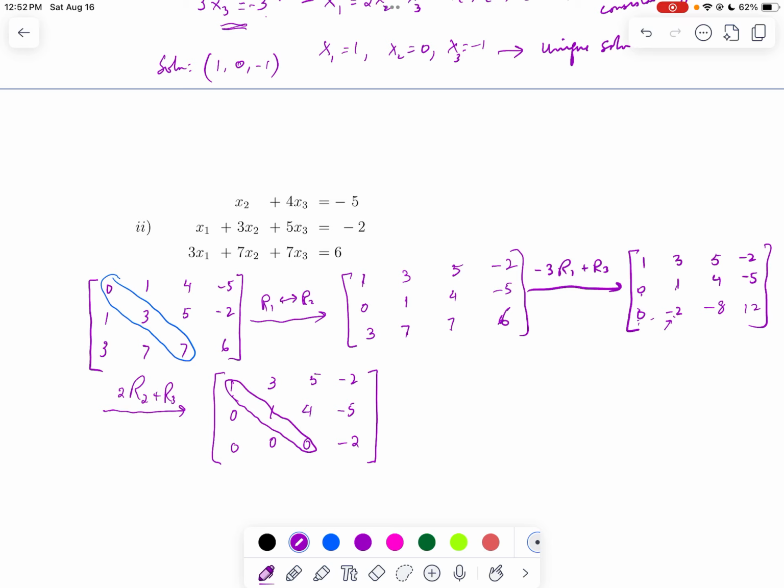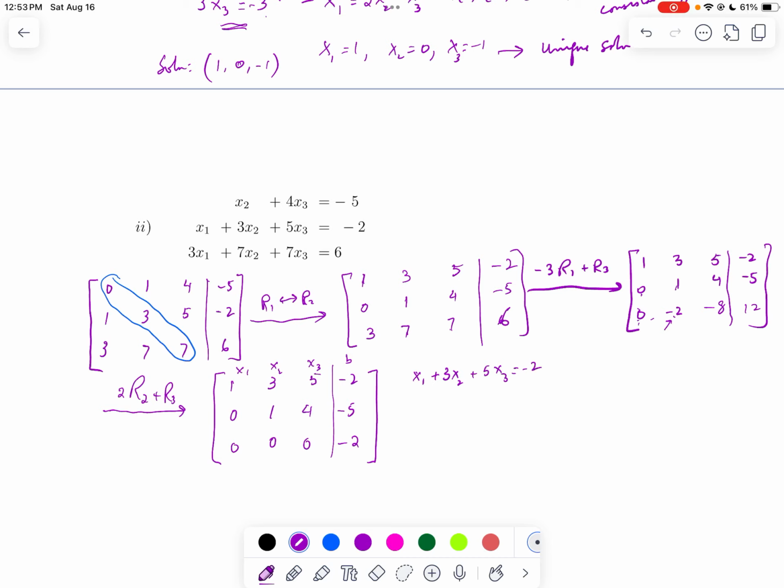Now we do the back substitution. For that we need to write the equations. This gives me the equations. Remember, these are the coefficients of x1, x2, x3, and these are the values b. That's why some books have a vertical line here. Some people use that, some don't. The first gives me x1 plus 3x2 plus 5x3 equals -2.